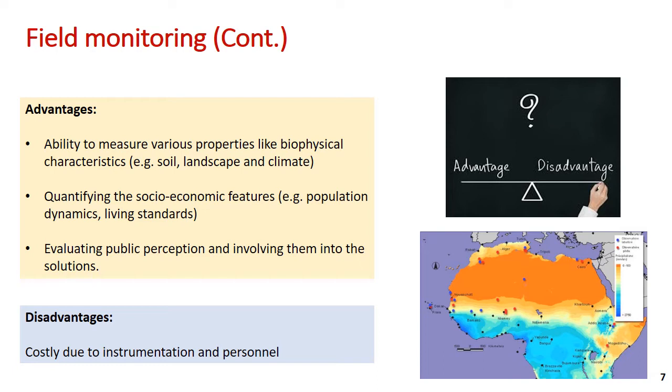The only disadvantage with this method is that since you use a lot of instruments, it's really costly. For example, I'll just give you a glance. If you look at that soil sampler for the bulk density, the price of an original instrument can reach up to 50 riyals. So imagine just that normal instrument is 50 riyals.